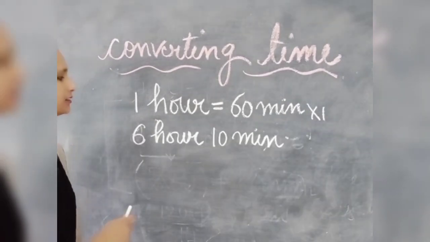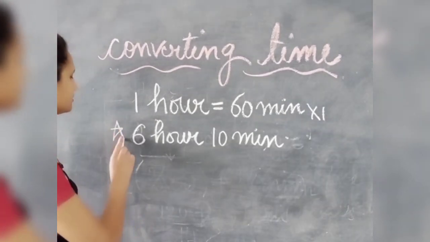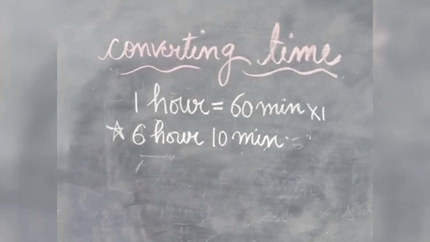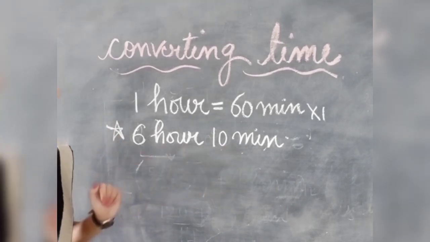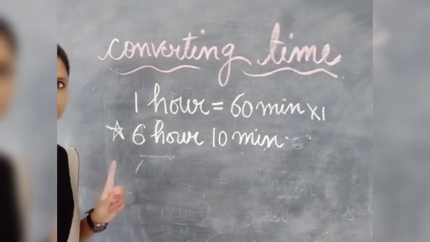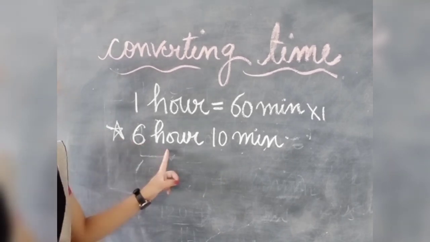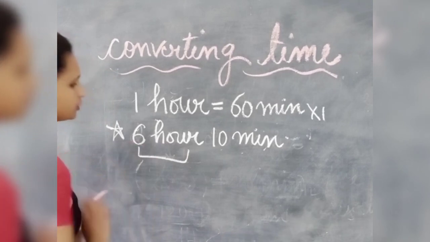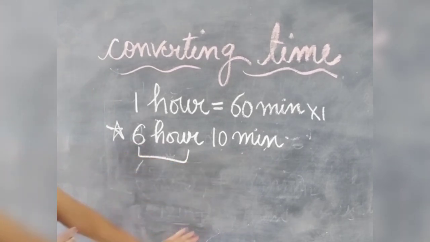Now let us take another example. 6 hours 10 minutes. Again, you have to only convert hour into minutes. This one only. Do not touch this one, keep it as it is.